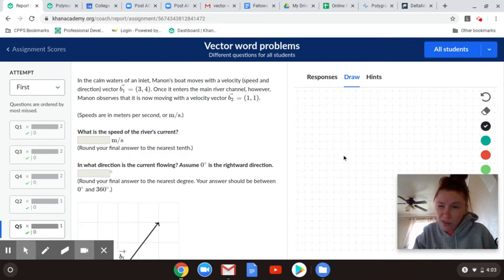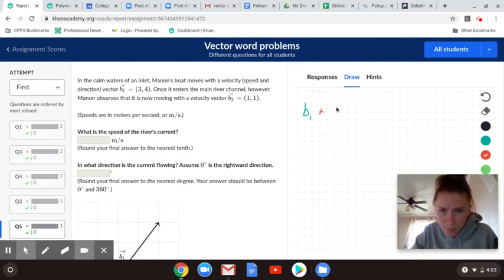Okay, so if we are to put this in somewhat of an equation, we had our B1, and something was added to B1, like the wind or the current, I believe.